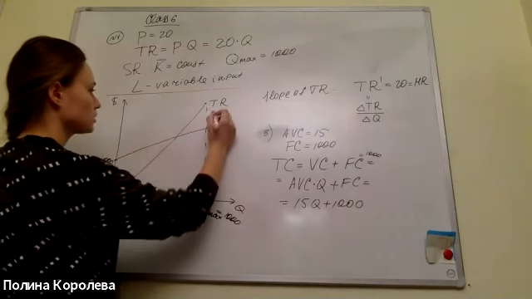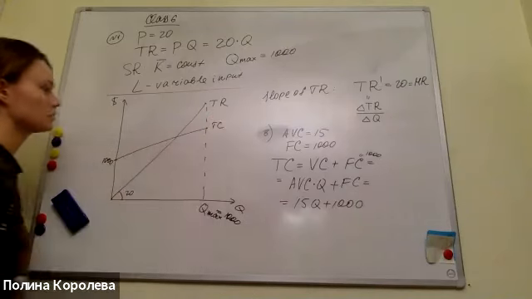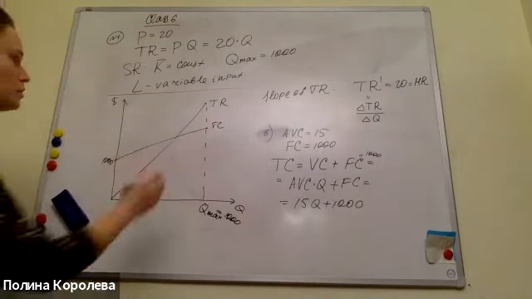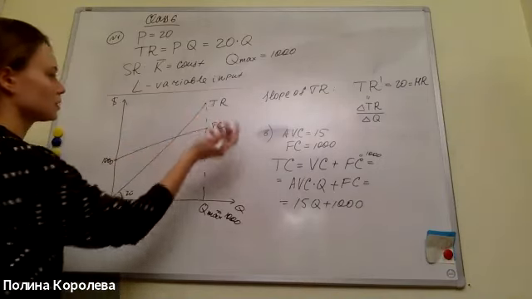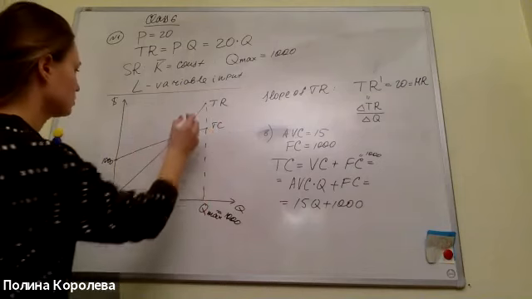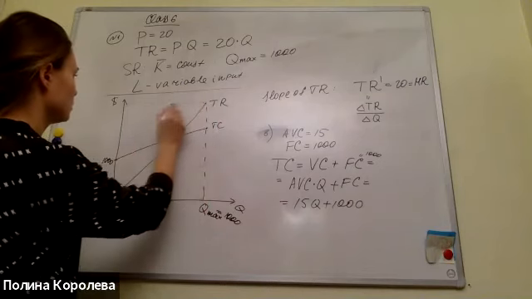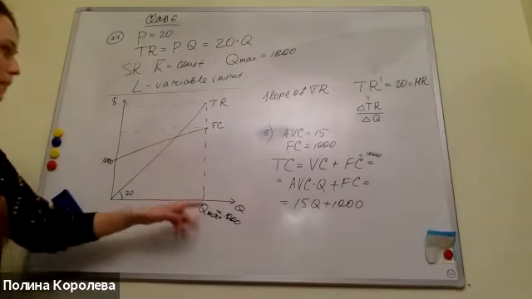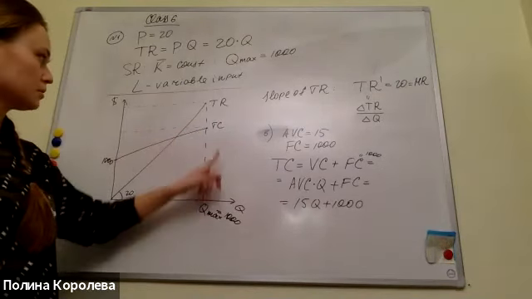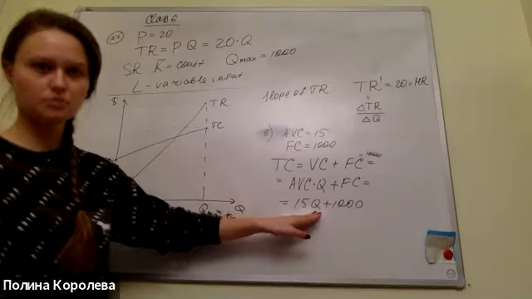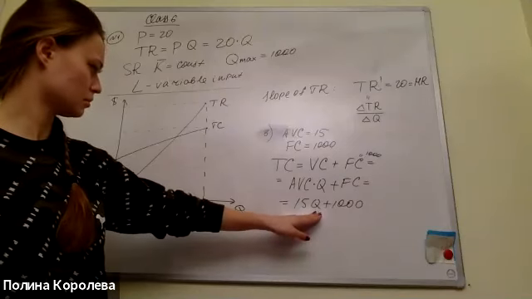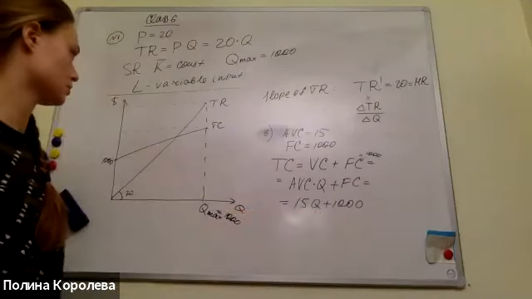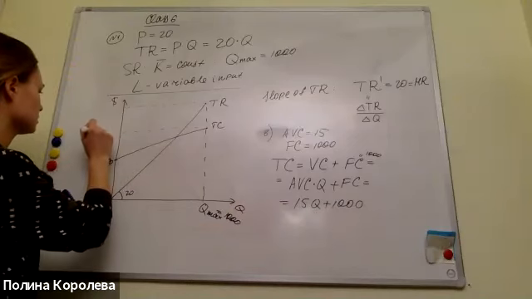And also we can calculate these points. But do we need it? Maybe, yes. If quantity is equal to 1,000, total cost equals how much? 16,000.